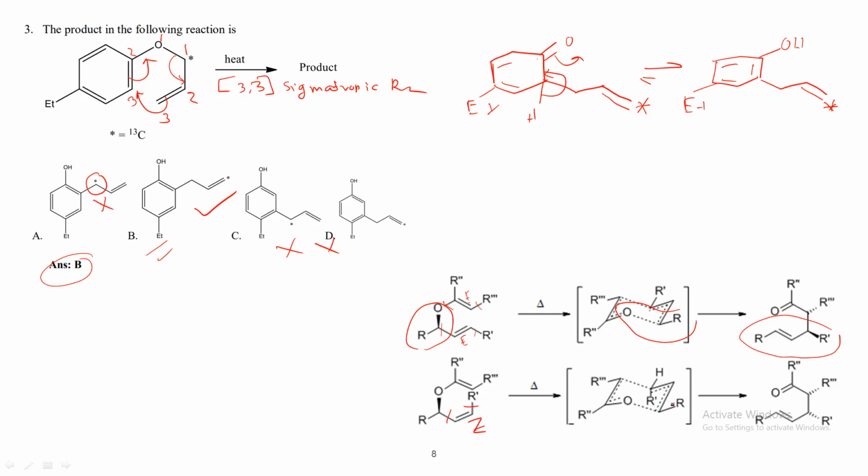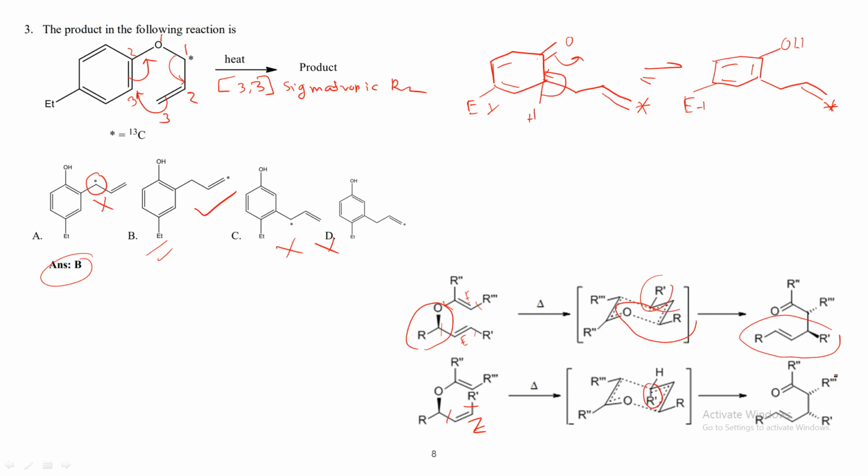Let's see if they have maintained it or not. So you can see this R prime should be in Z relationship with this bond. So that's why here it is equatorial, and to maintain this Z stereochemistry, it is in axial form, right? So if we maintain this particular thing after the reaction, the R prime and R''' would be the same. So this would be a syn product.